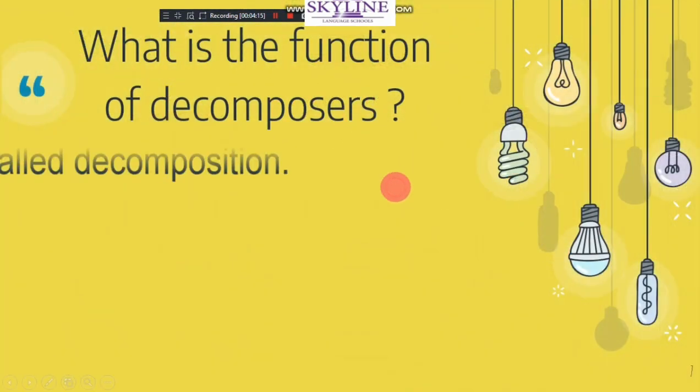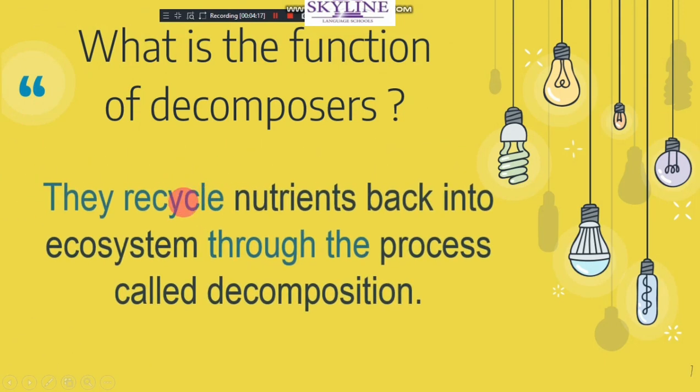What is the function of the decomposer? Recycle nutrients back to the ecosystem through a process called decomposition. From its name, decomposer, decomposition. What does it mean by decomposition? Recycling nutrients back to the soil or back to the ecosystem.